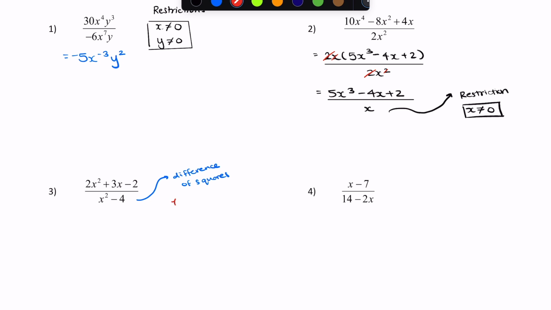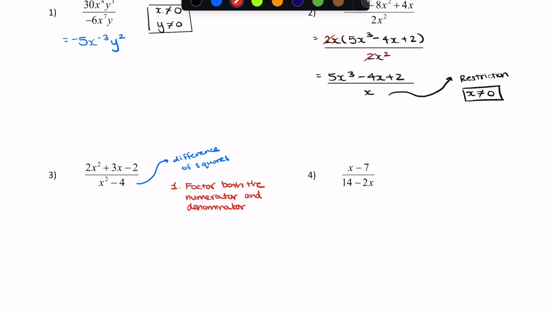Number one is to factor both the numerator and denominator. Once we factor the numerator and denominator, we want to state the restrictions. And finally, we want to simplify.